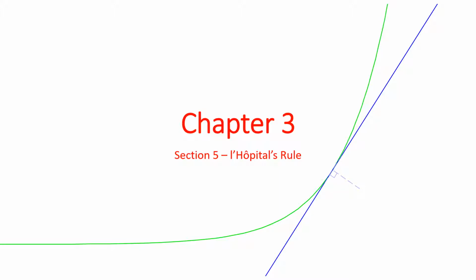The other accepted spelling gets rid of the accent and adds an S, so it ends up looking like L'Hospital's rule. They would both be pronounced L'Hopital, but two different spellings. If you see it the other way at some point, they're both accepted.